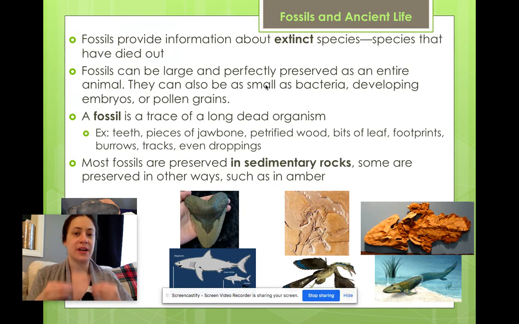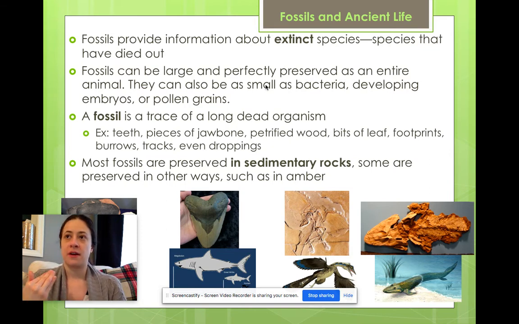That is very characteristic of what happens during a mass extinction event. As we go through and talk about evidence for evolution, we'll be coming back to fossils. As we talk about different patterns of evolution, we'll be coming back to that mass extinction.